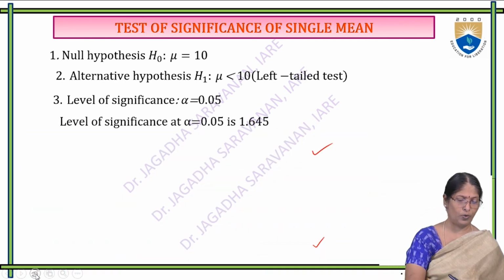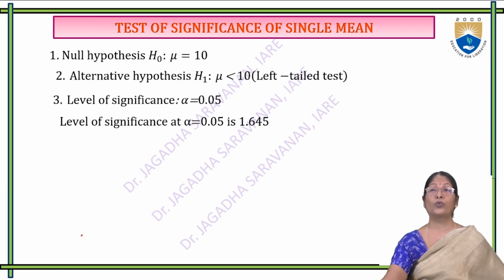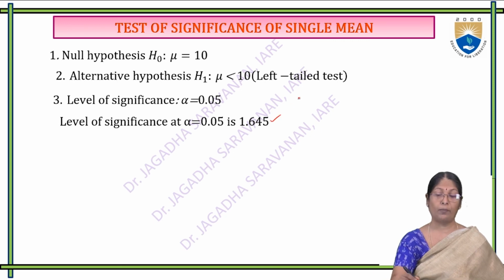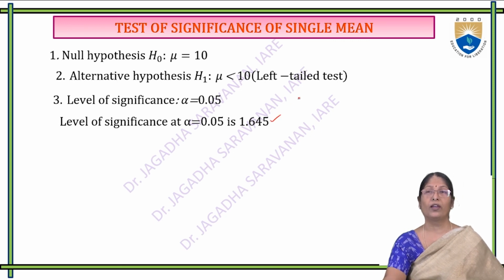Here is one more doubt: in the table we have seen minus 1.645, but here the minus symbol is missing. We will always take the modulus of the tabulated value and the calculated value. Then the next question is, why the minus sign? For what purpose do we keep the minus sign?